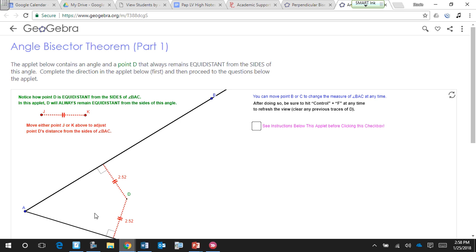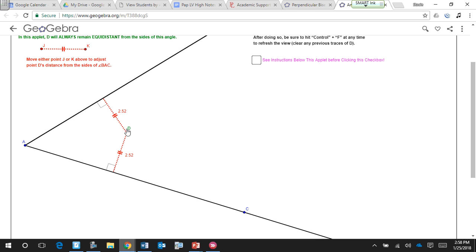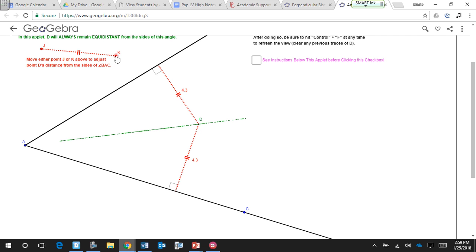So here's an angle formed by two rays. And if I move this point D, if it lets me, there we go. What do you notice about the numbers? 1.81. They're the same. How about now? They're congruent.